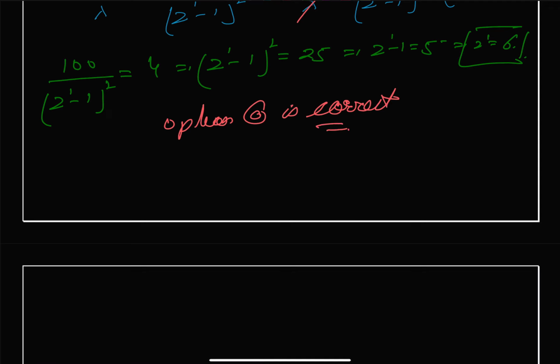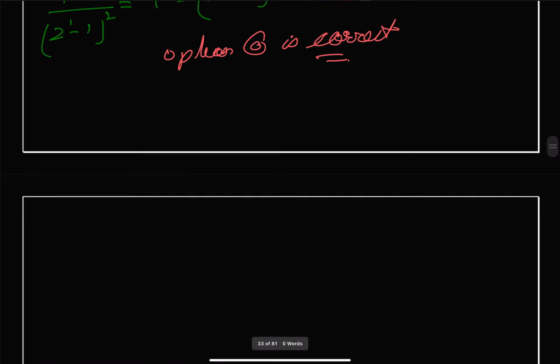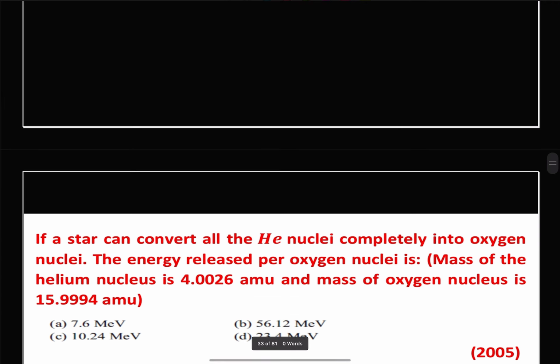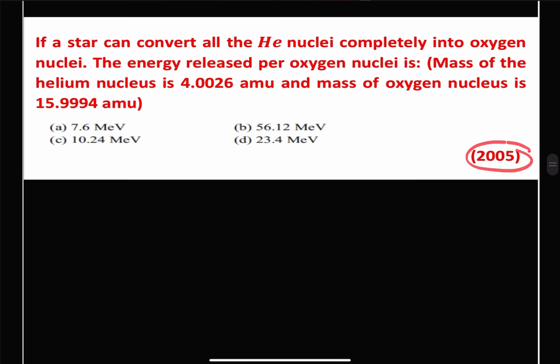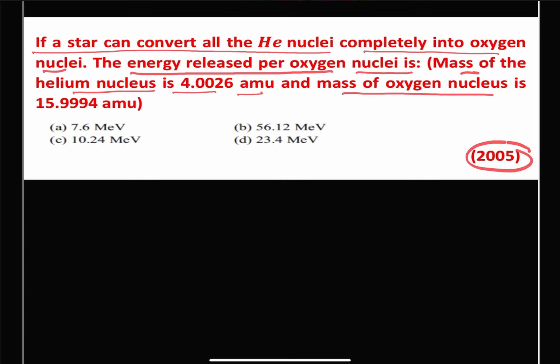Next question. It was also asked in the year 2005, and it states that if a star can convert all helium nuclei completely into oxygen nuclei, the energy released per oxygen nuclei is, given that mass of the helium nucleus is 4.02 AMU and mass of oxygen nucleus is 15.994 AMU.